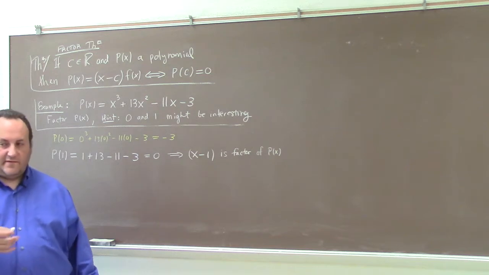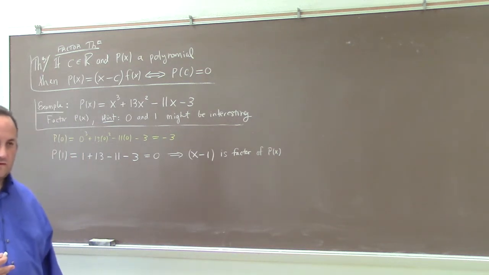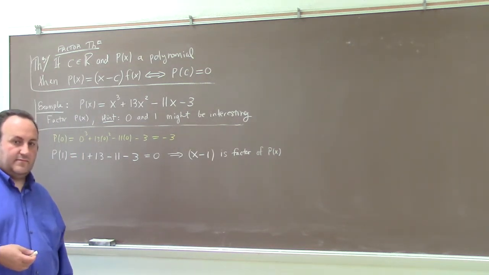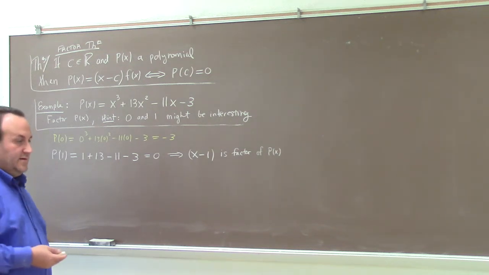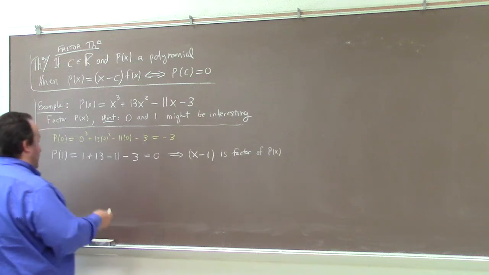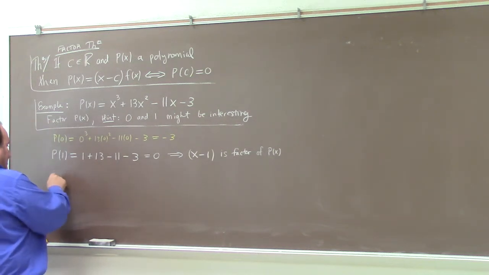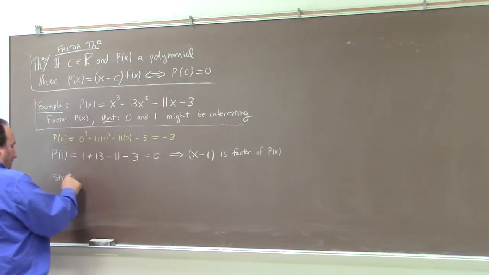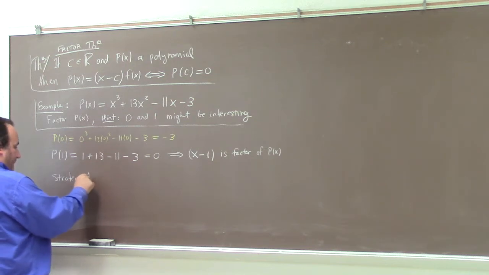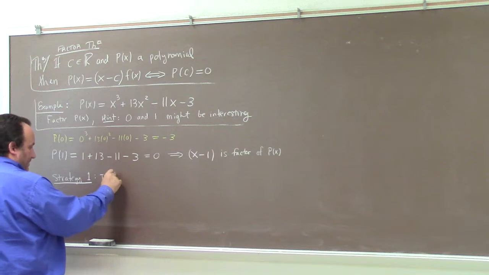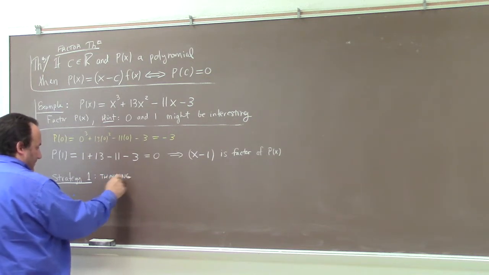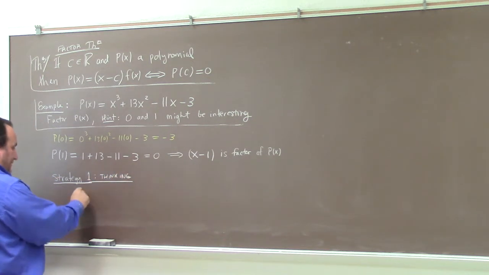Now, how should you factor out x minus 1 from this cubic? There are two strategies I would use. Let me show you the first strategy: thinking.